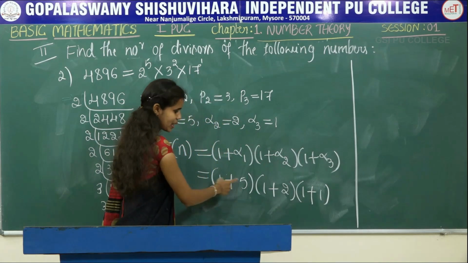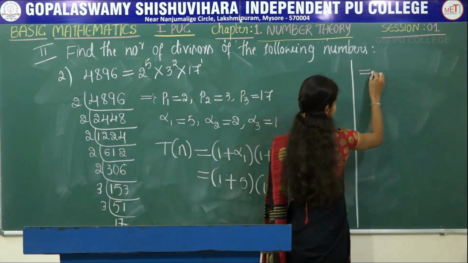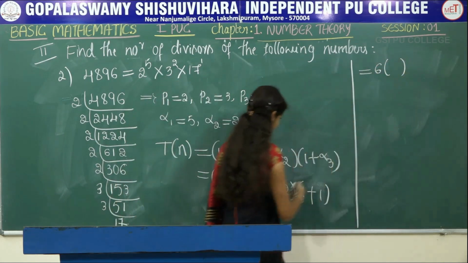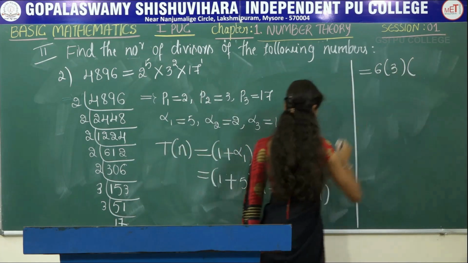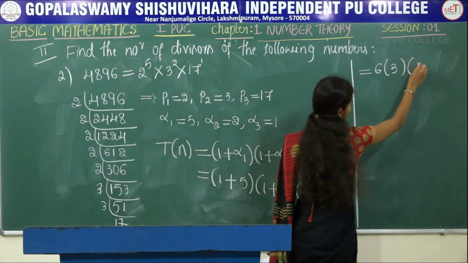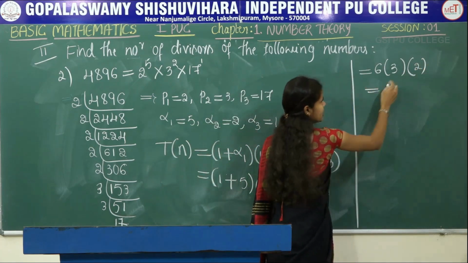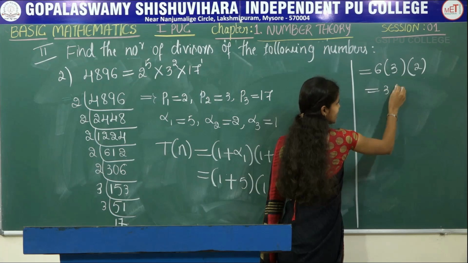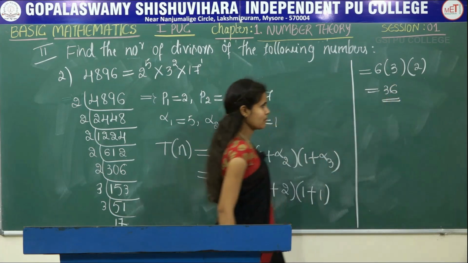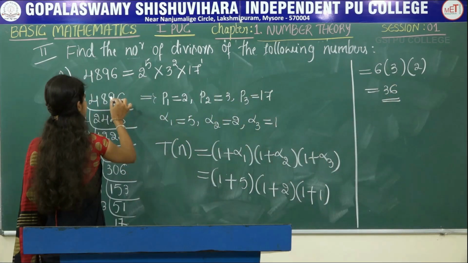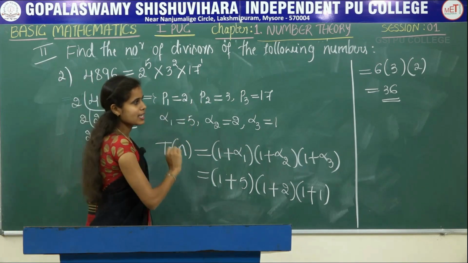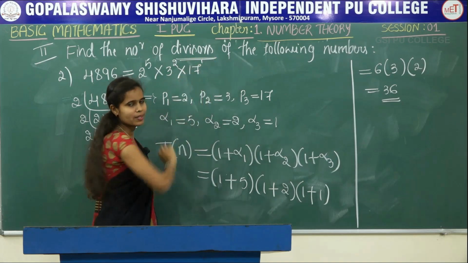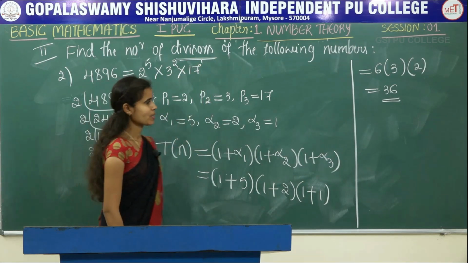Next, 1 plus 5 is 6 into 3 into 2, that is 36. So the number 4896 has 36 positive divisors. Okay, thank you.